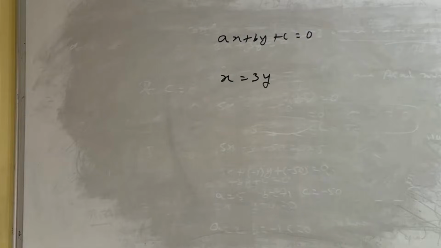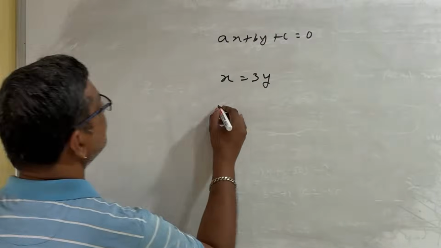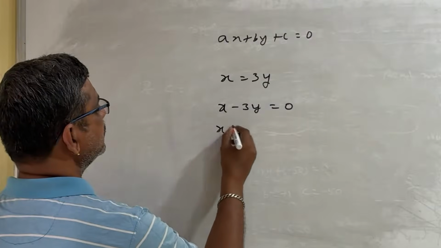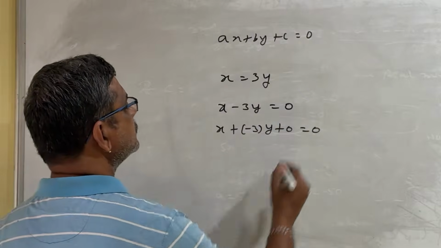A 1, B minus 3, C 0. General form: x minus 3y is equal to 0, x plus negative 3y plus 0 is equal to 0.